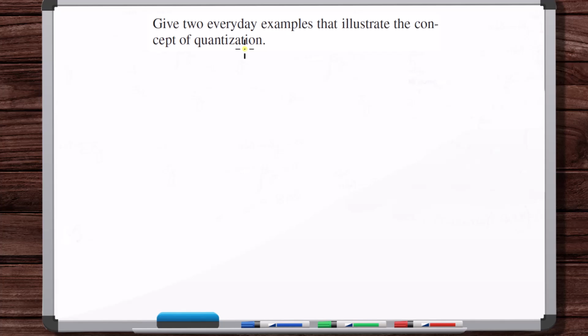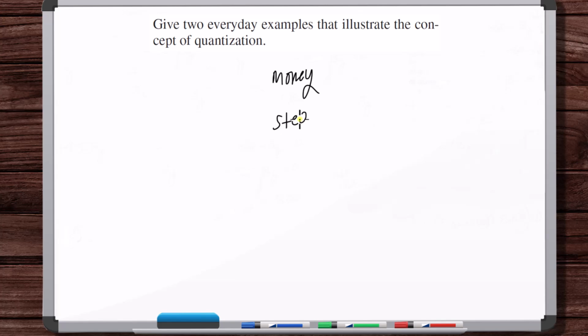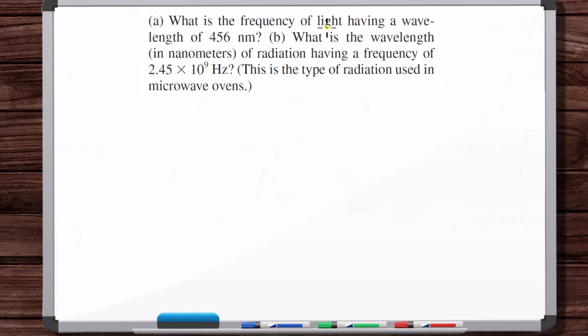Steps are quantized. When I'm climbing stairs, I can only go these quantized distances up or down. So money and steps.